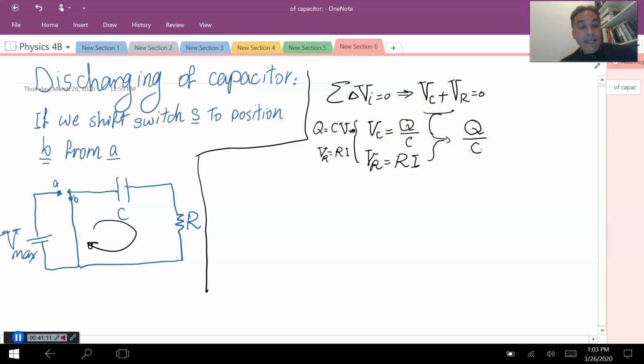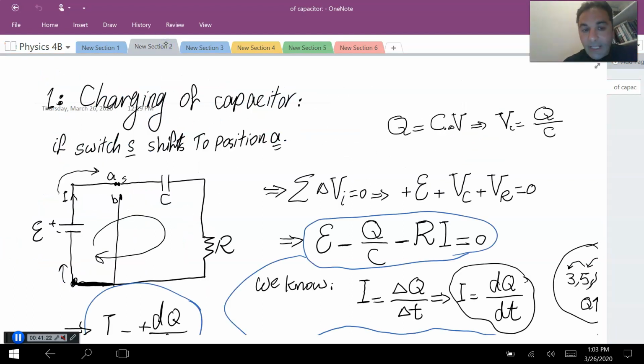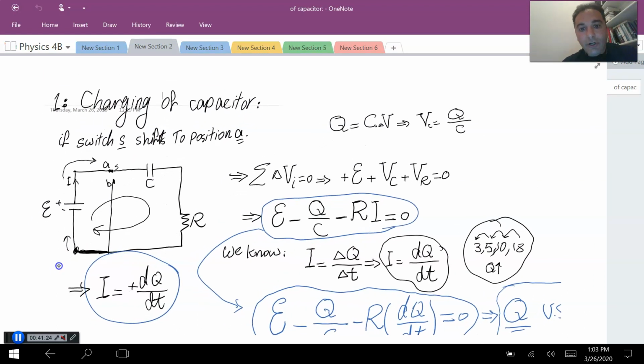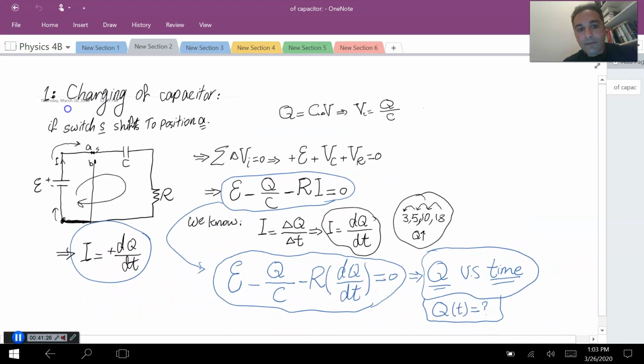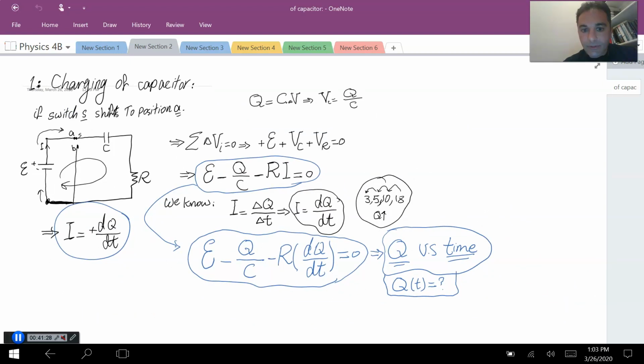Watch, guys. At this time, I don't put a minus here. What is the difference in charging of a capacitor? In charging, instead of the voltage of the capacitor, I put minus Q over C. Why?